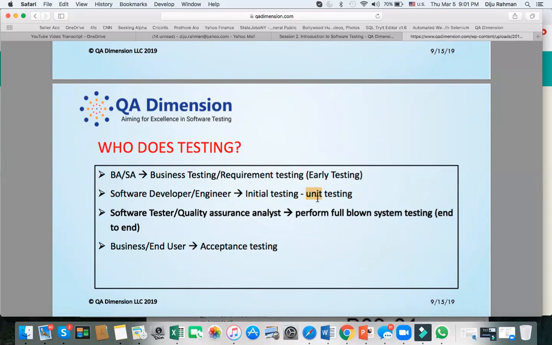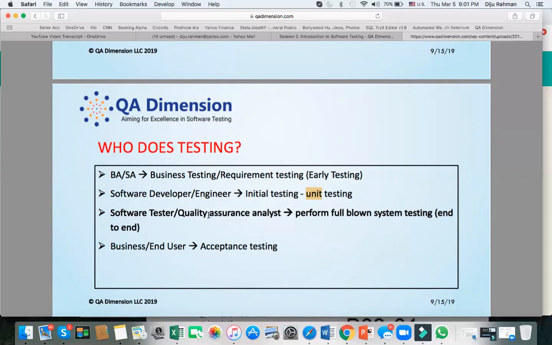It's basic. He will run just that chunk of code using the compiler, whatever portion he wrote. He's not going to run other things that he wrote a couple of weeks ago or before. So that's called unit testing, the initial testing.